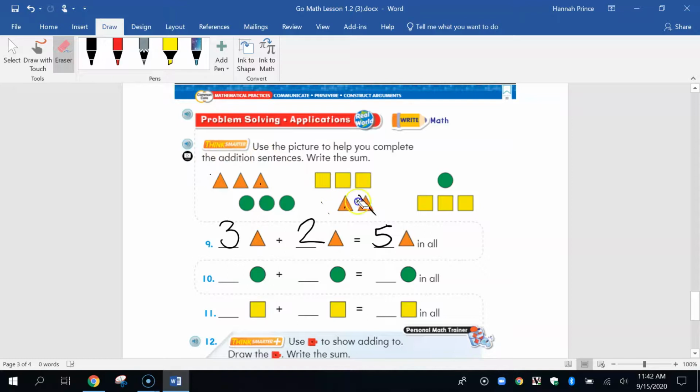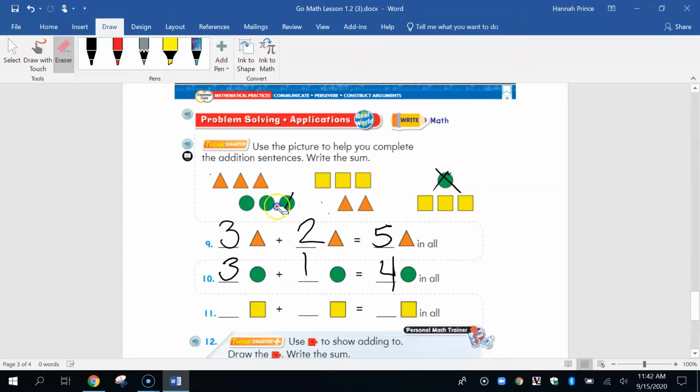Okay. Let's do the next one. We're looking at the circles. So we have some circles up here. 1, 2, 3. Plus another circle over here. 1. How many all together? 1, 2, 3, 4. 4 in all. All right, last one.